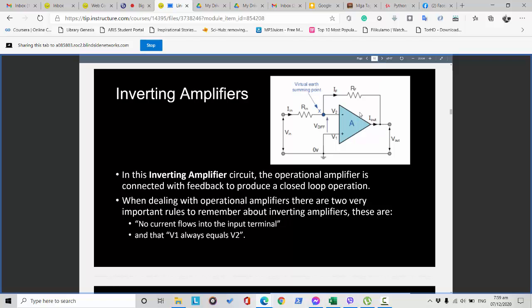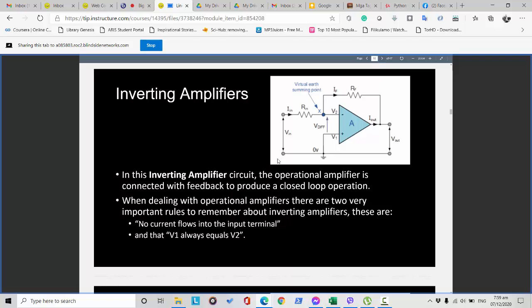Here you can see a virtual earth summing point. What is this virtual earth summing point? We'll discuss that a little later, but you can see this point is connected to the inverting input.